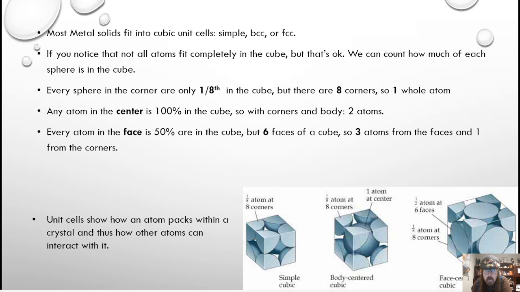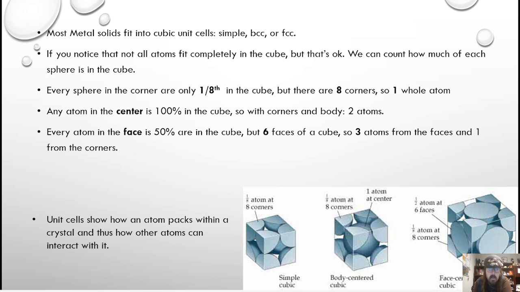But that's okay, because even though the sphere is not fully in the cube, there are usually enough atoms that we count it as one whole atom. So every corner actually only contains 1/8 of an atom. However, there are 8 corners.